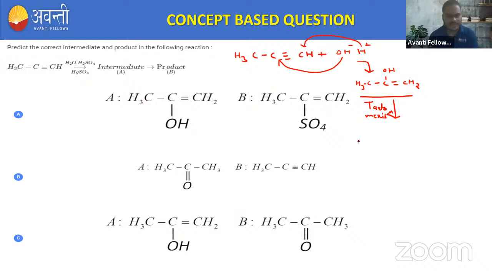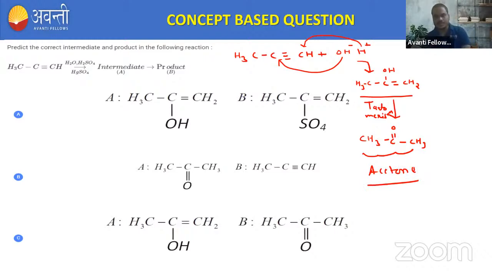So after tautomerism, it will convert like CH3C double bond O, and this is CH3. So you'll get acetone. You'll get acetone. Okay, what did we get? We got acetone. So which option will be correct? Yes, obviously option C. So option C is absolutely correct. So you'll get an intermediate like this alcoholic group, and it will convert into a ketonic group, right?